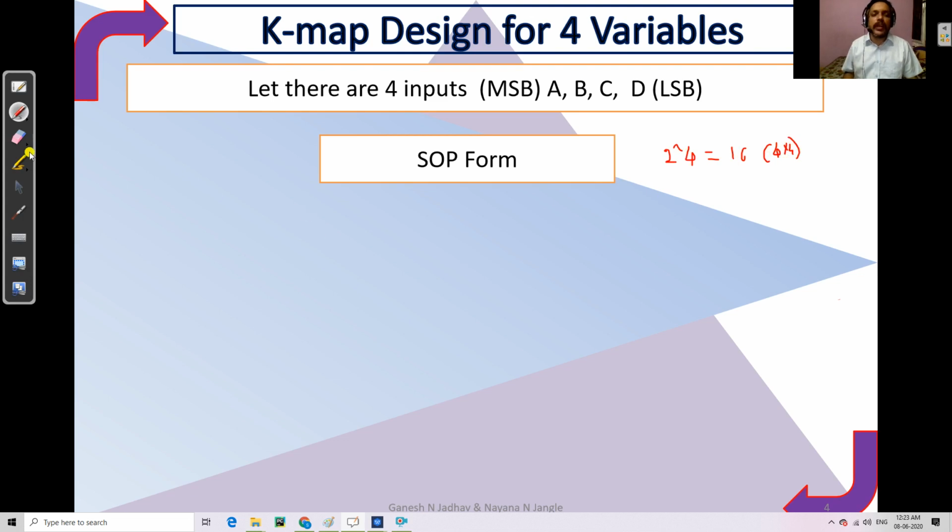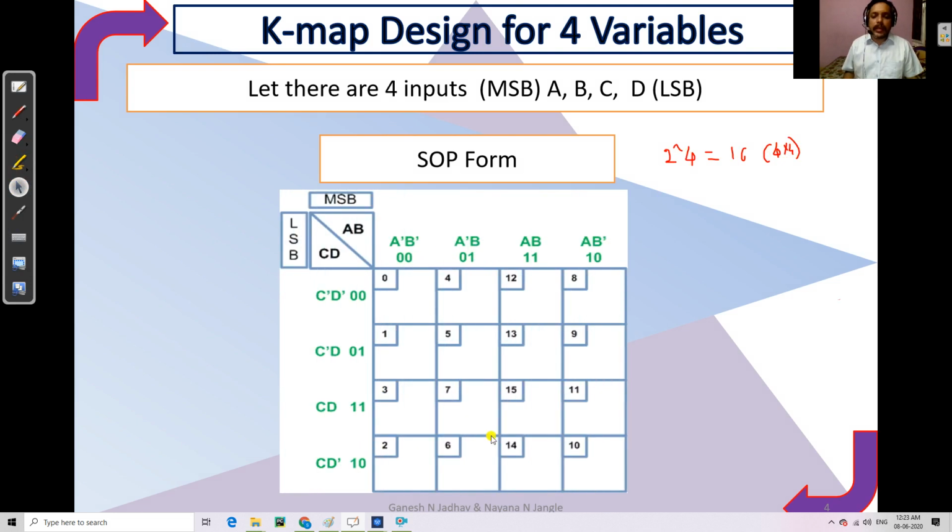This is the simplified format, so making the 4 into 4 block. Here I am writing AB, the most significant bits, and CD. AB can be 00, 01, 11, 10.